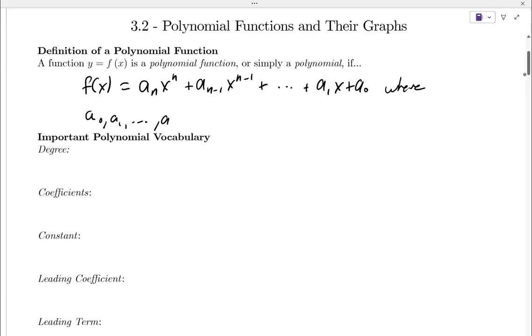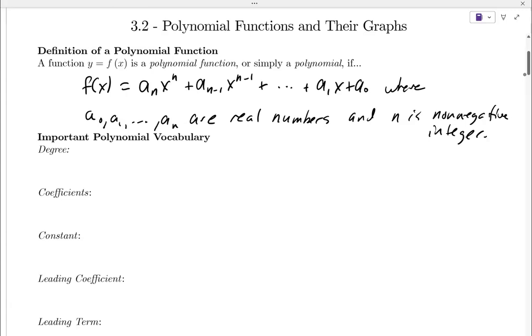We want all of these coefficients, this a0 out to an, to be real numbers. And the n is a non-negative integer. I know lots of words, but let's talk about what each of them mean.